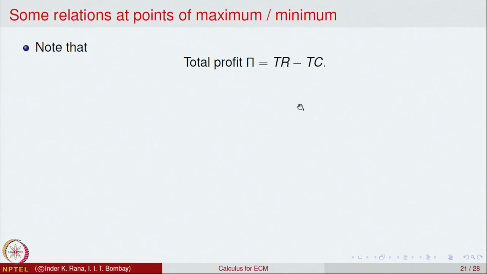Profit is total revenue minus the total cost. Assume that everything is differentiable.